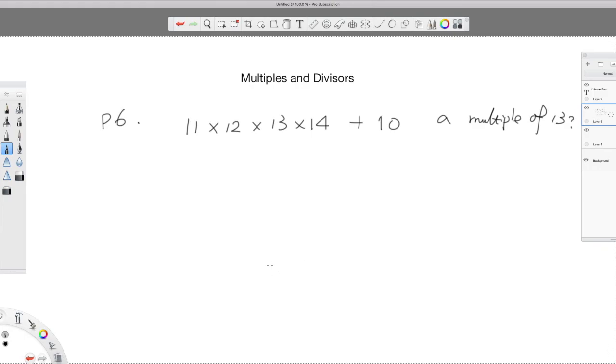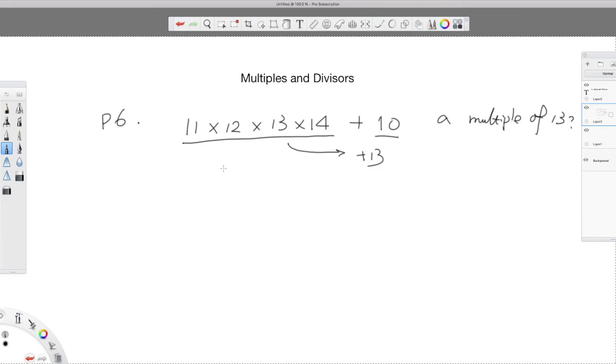Okay, think about it. And if you have already finished your thinking, the answer is again no, because this product is a multiple of 13. And remember, if this number is a multiple of 13, the next multiple of 13 has to be this number plus 13. This number plus 10? No, it cannot be a multiple of 13.